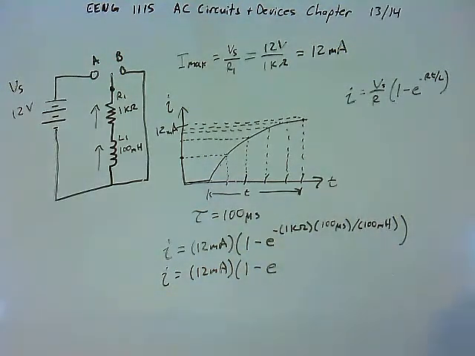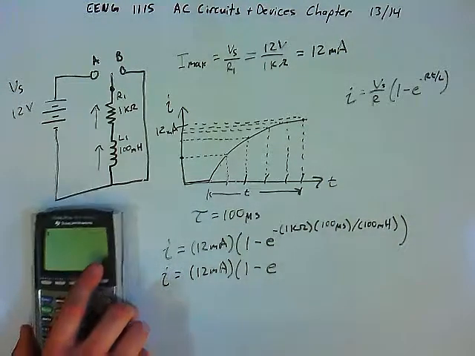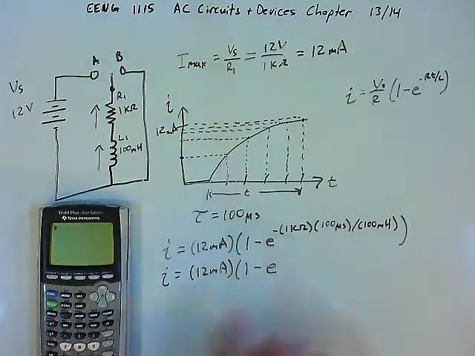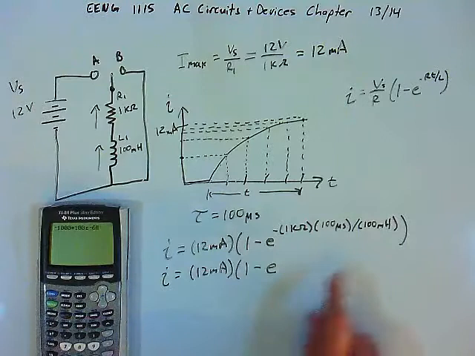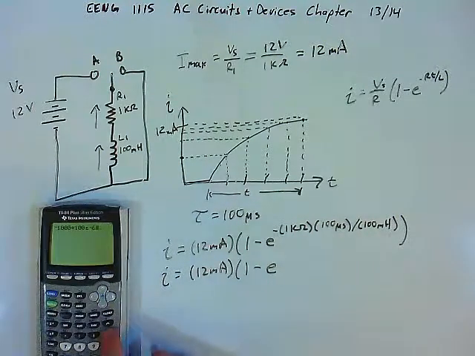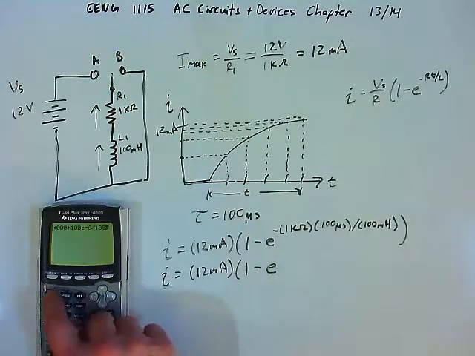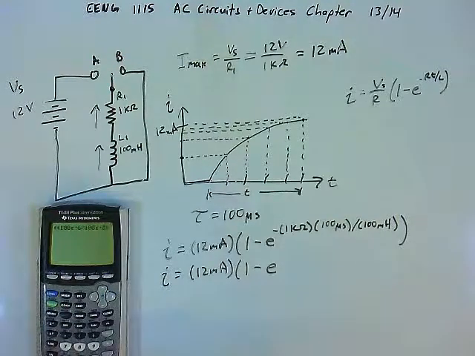And so if we look at a calculator, it's negative 1 kilo ohm, which is 1,000, times 100 microseconds, 100 EE to the negative 6, divided by 100 millihenries, so 100 EE to the negative third.